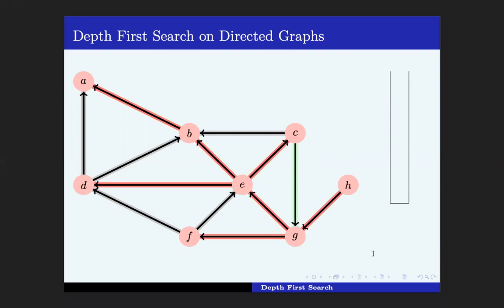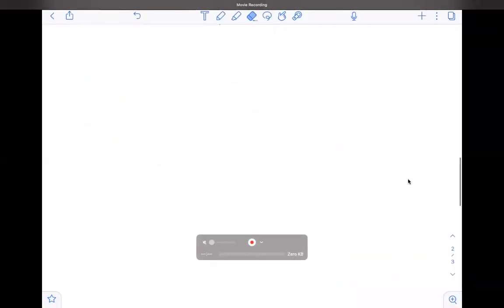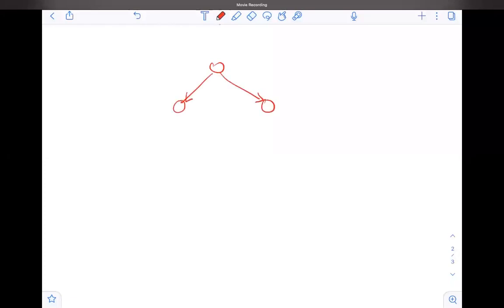So now, one thing that you can see is that if I draw this graph, if I draw a spanning tree, so maybe this is kind of a spanning tree.